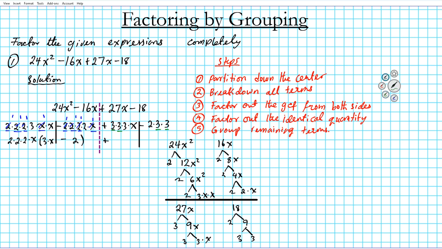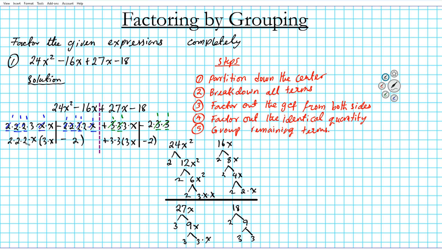So we take out the 2 3's, 3 times 3. When you factor out those 3's, you're dividing out. So this 3 and this 3 comes out as a 3. This 3 and this 3 comes out as a 3. And you're left with 3x minus 2.